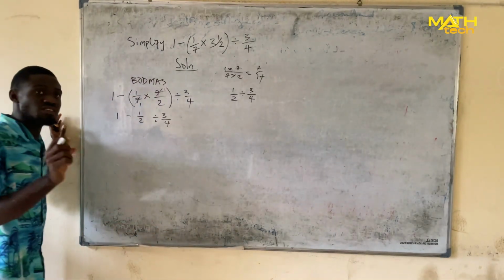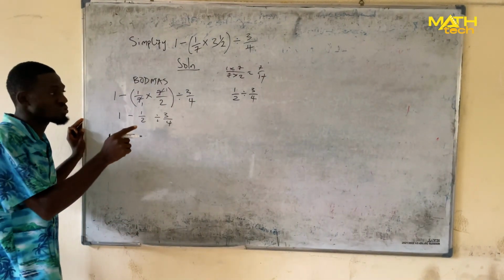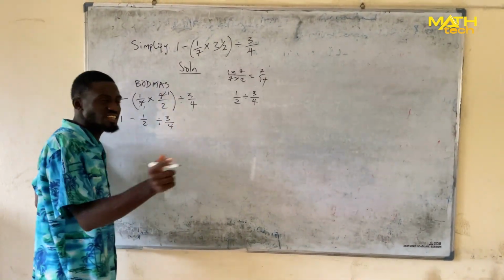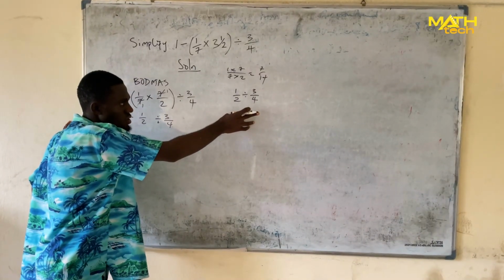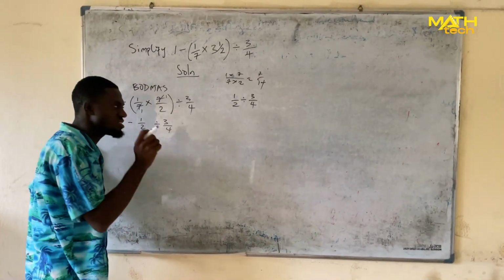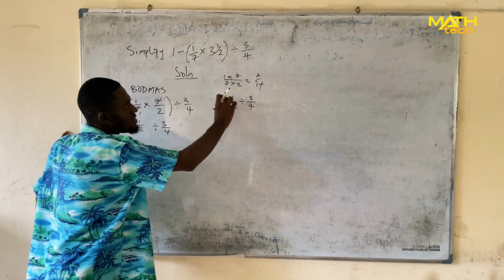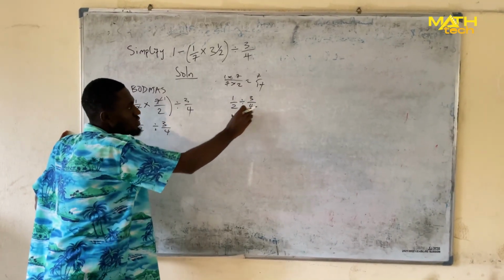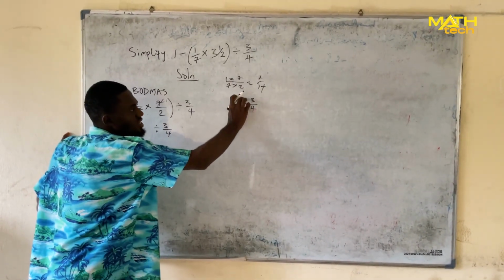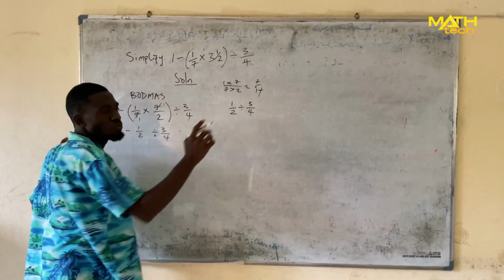Now there is a simple rule in mathematics when dividing fractions. The simplest rule of dividing a fraction by a fraction is that you change the operator, which is division, to multiplication.